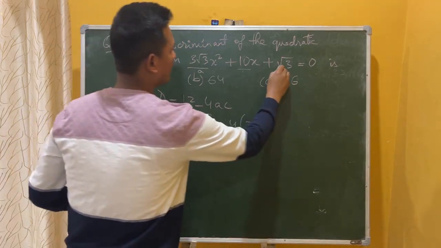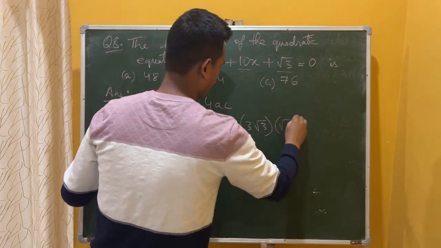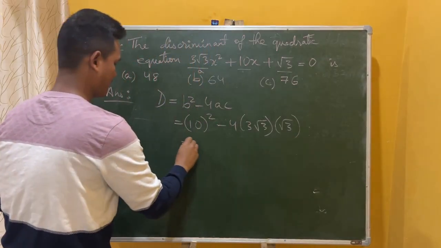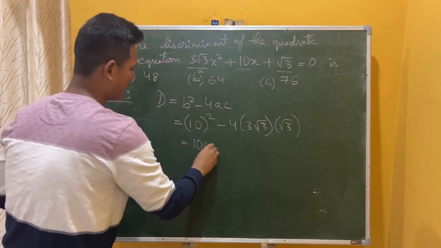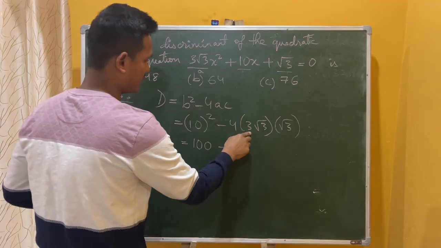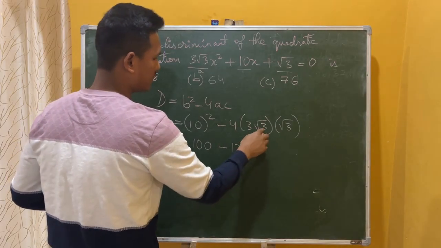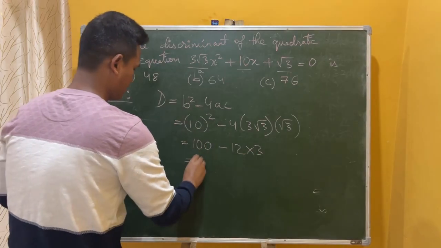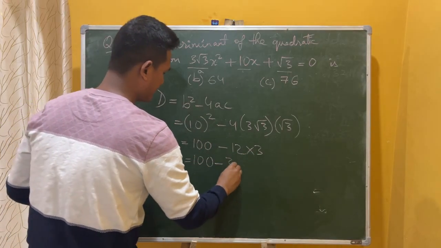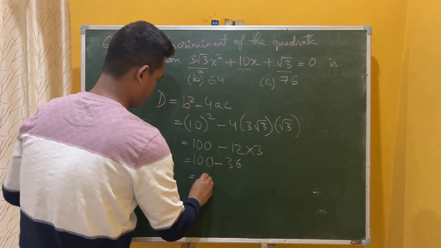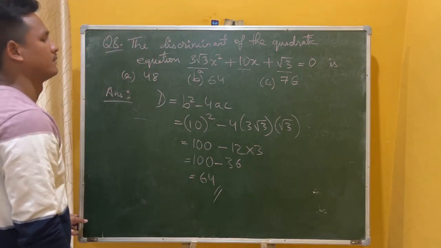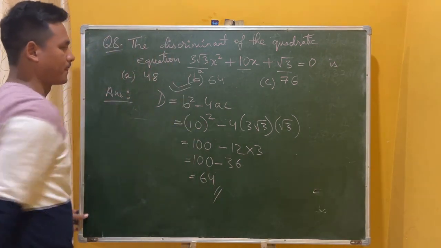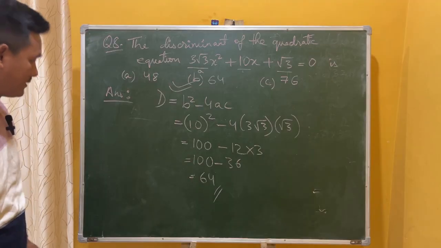And c, this is c. 10 square is 100 minus 4 3s are 12. Root 3 into root 3 is 3. So this is 100 minus 36, which is 64. As simple as this.